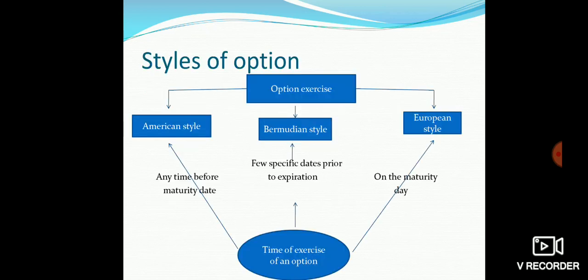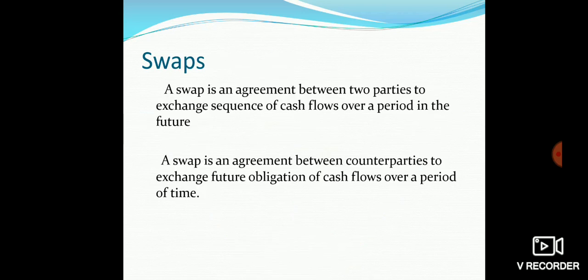The last type of derivative is called swaps. So let's see what swaps are. A swap is an agreement between two parties to exchange a sequence of cash flows over a period in the future. So let's say I have one debt instrument where my cash flow is fixed and another party has a floating return.